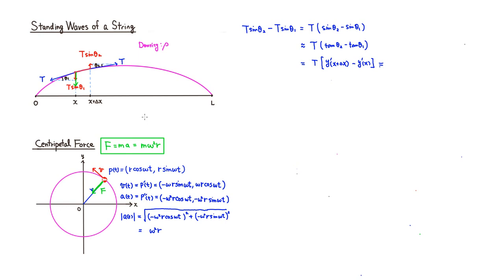The mass of this piece is density rho times length delta x. Let's say this is the negative direction, and the mass is rho times delta x. Then omega squared, the frequency squared, and r is just the y value, so simply y.